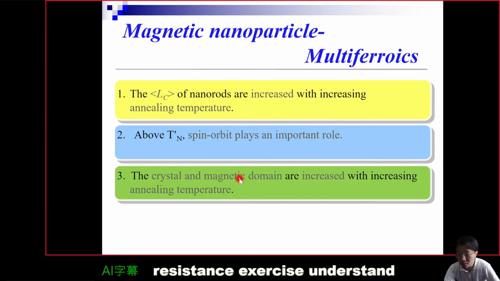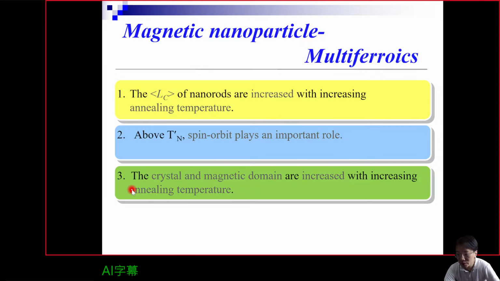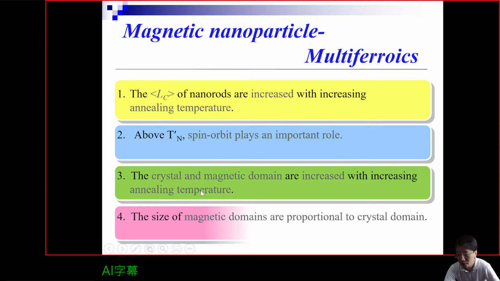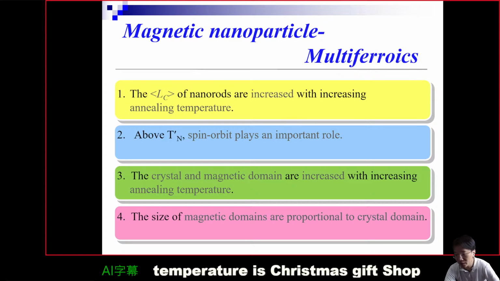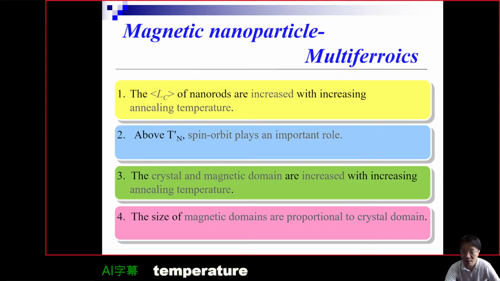And the crystal and the magnetic domain are increased with increasing anneal temperature. And the size of the magnetic domain is proportional to the crystal domain. One more important thing is the magnetic ordering temperature is increased with size, but unfortunately they are still at a very low temperature, below 30 K. So in this case, this multiferroic would not be useful in practical applications.